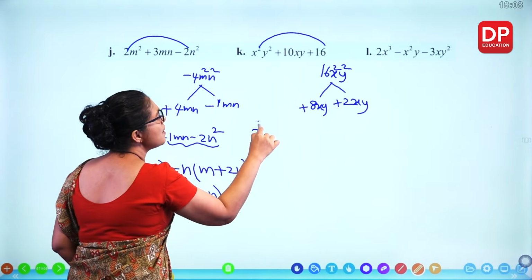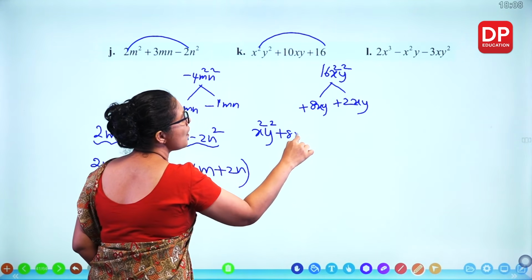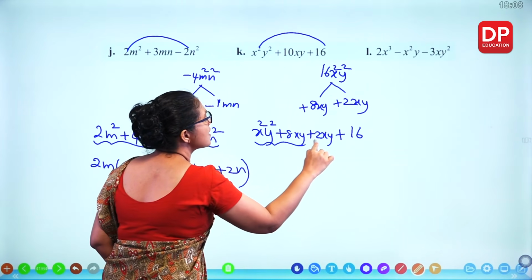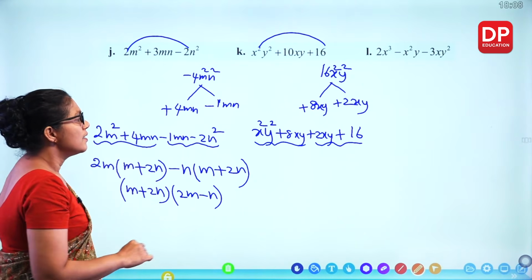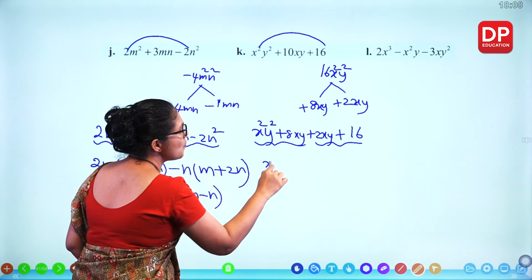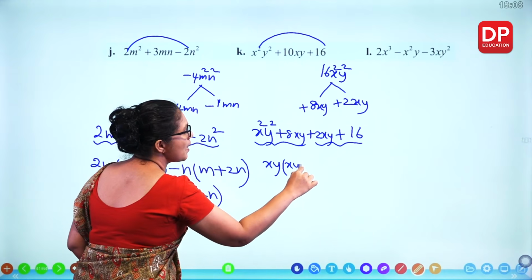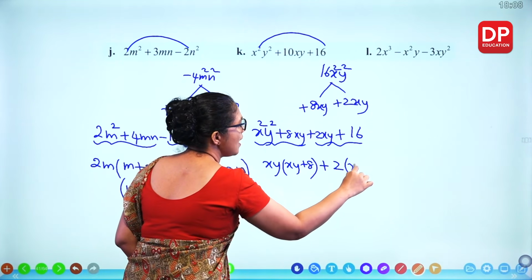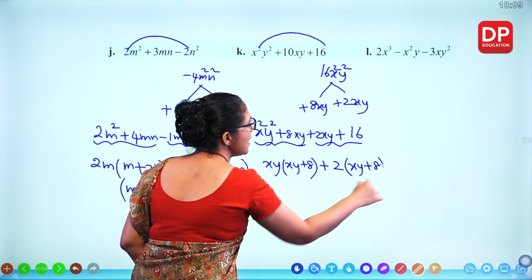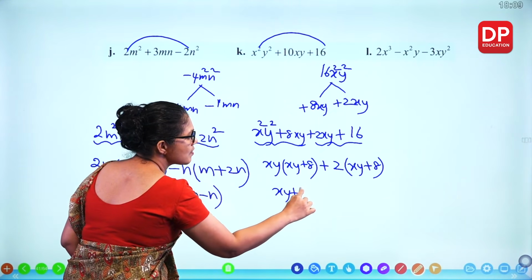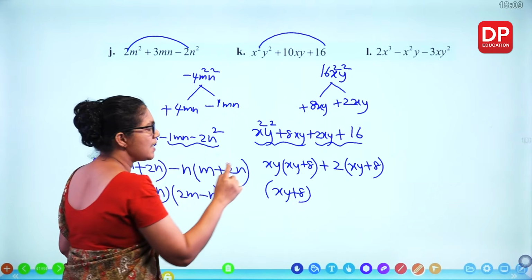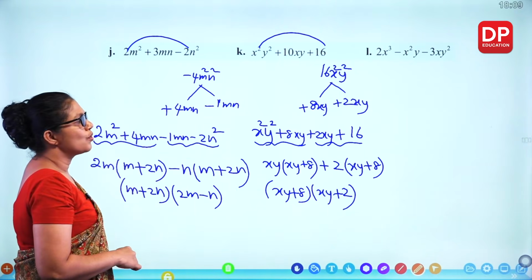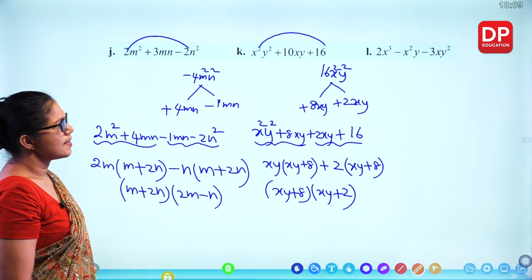Split the middle term to 8xy and 2xy and try to factorize. When you take first two, you get xy common, take it out, xy plus 8. When you take these two, 2 is common, I can write xy plus 8. xy plus 8 is common. Take it out. What's remaining? xy plus 2.